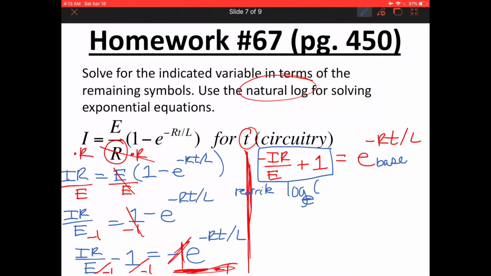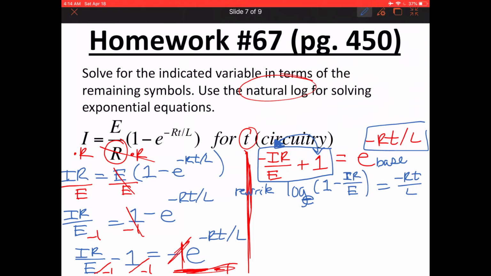So log base e of 1 minus IR over e. I just switched the order of those terms, okay guys, so that we would have the whole number first. And then equals, I put my exponent over here, negative RT divided by L.